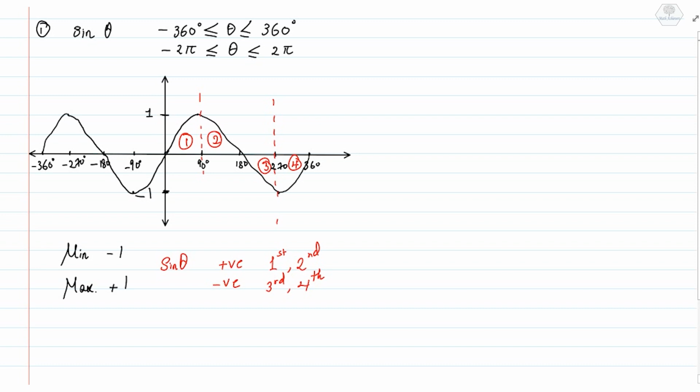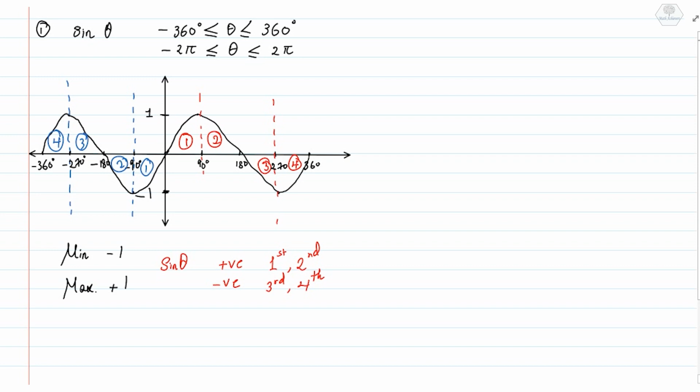It's really important to know in which quadrant sine theta is positive and negative, and the minimum and the maximum of sine theta. These characteristics are really important. But let's check for negative theta here. In the negative theta, sine becomes negative in the first and the second quadrants and positive in the third and fourth quadrants.